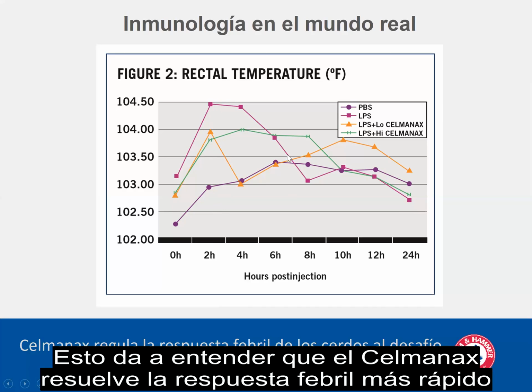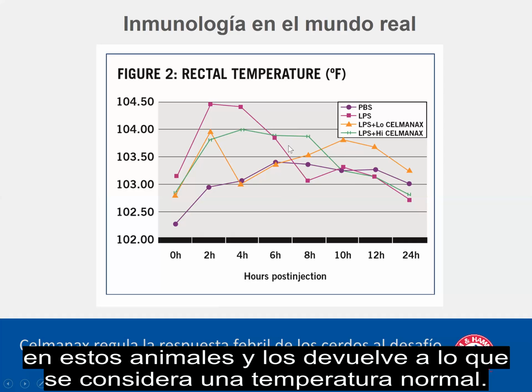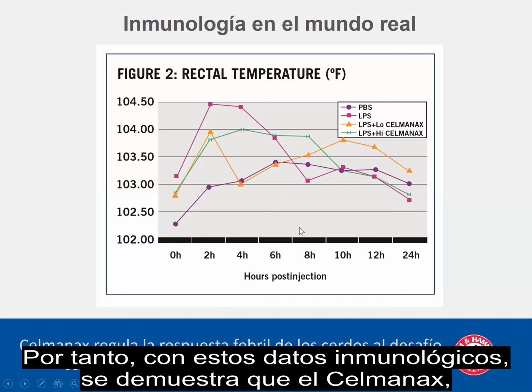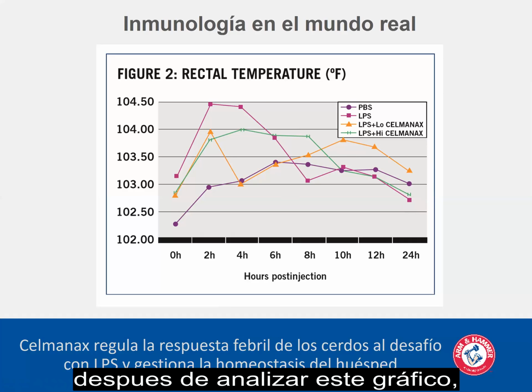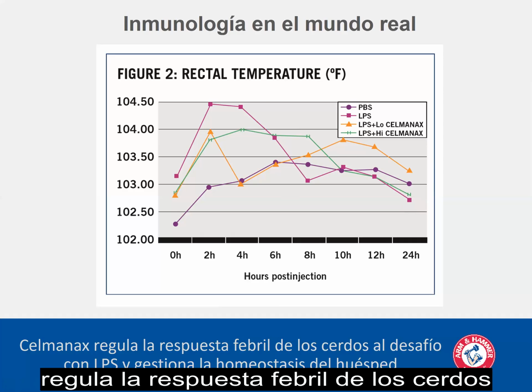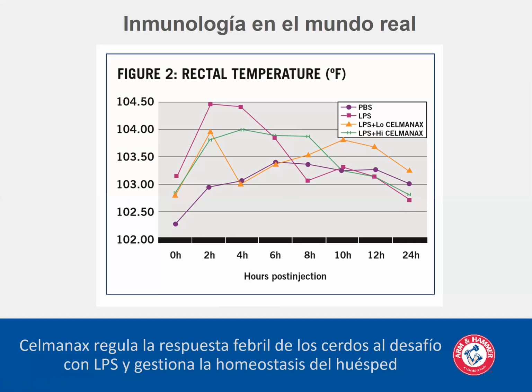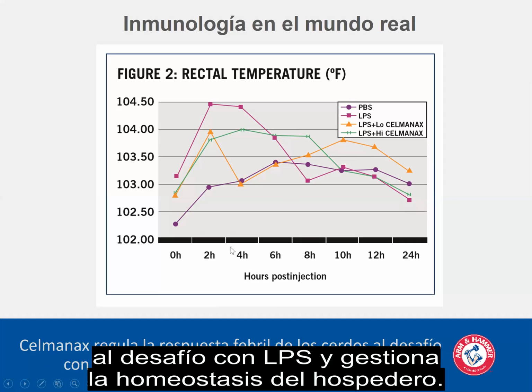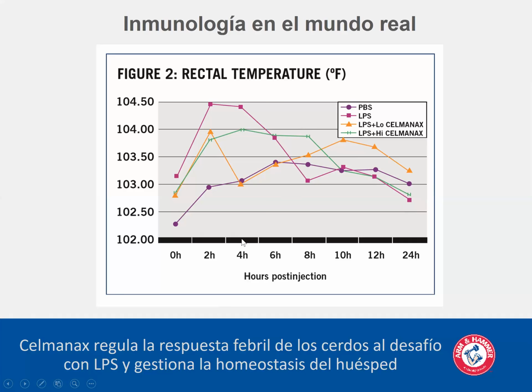And it actually seemed to resolve that fever response much more quickly in these animals, bringing them back to what's considered more of a normal host temperature. So Salmonax in this immune data showing body temperature fever response from rectal temperatures actually shows Salmonax regulates the pig's febrile response to LPS challenge to manage that host homeostasis.